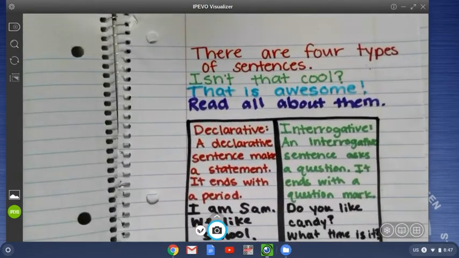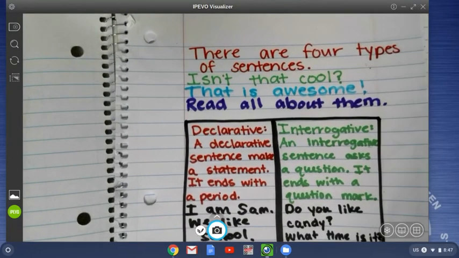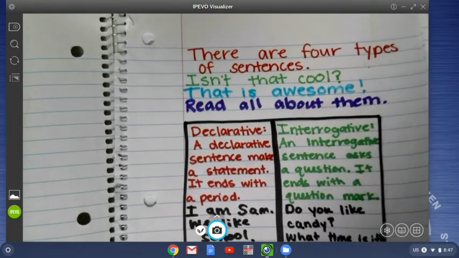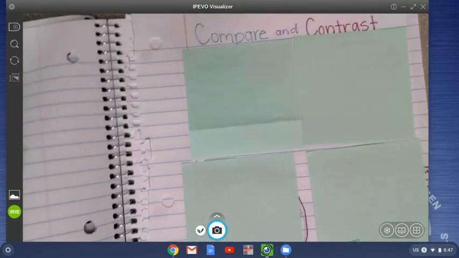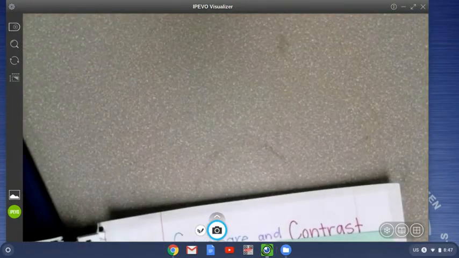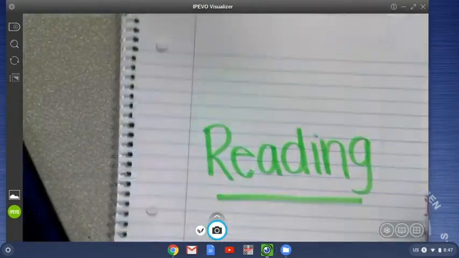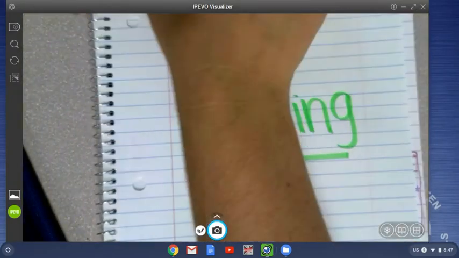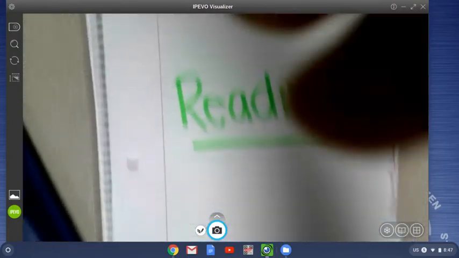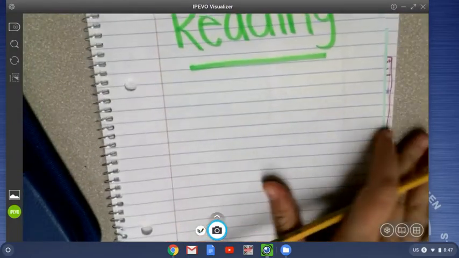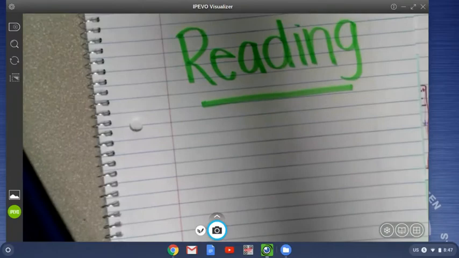Now what I want you to do is count out 15 pages from that. And that's going to take us to our reading anchor chart, like for our reading skills that we will have. Okay?